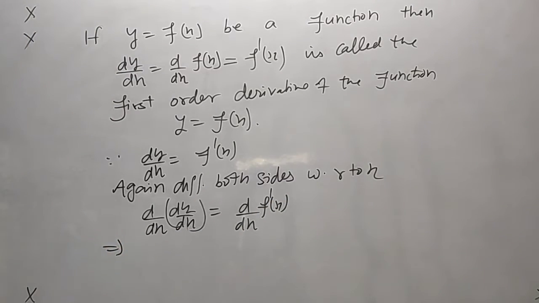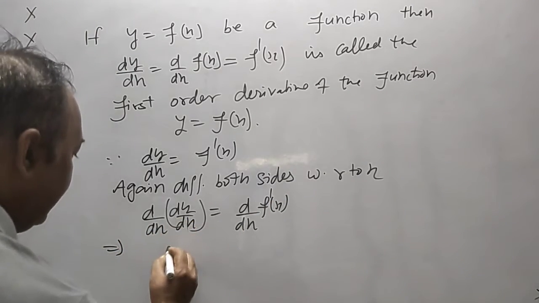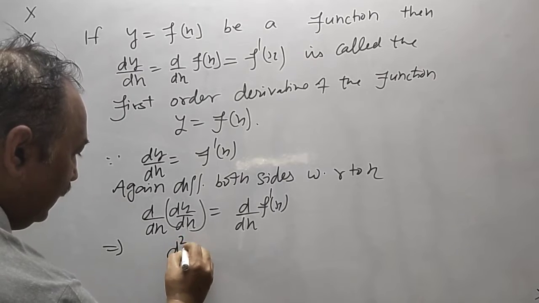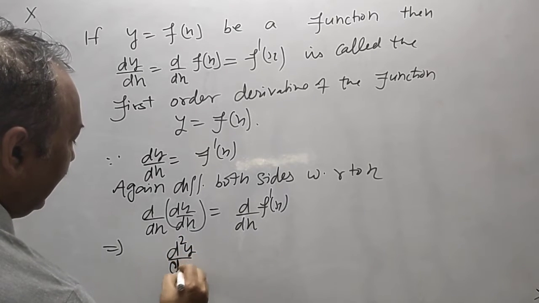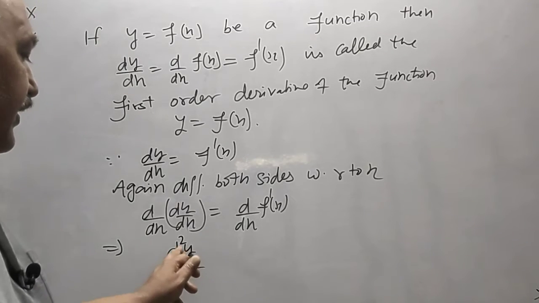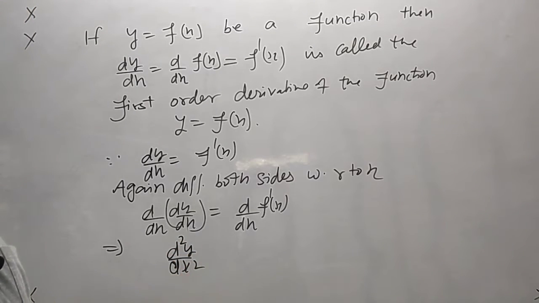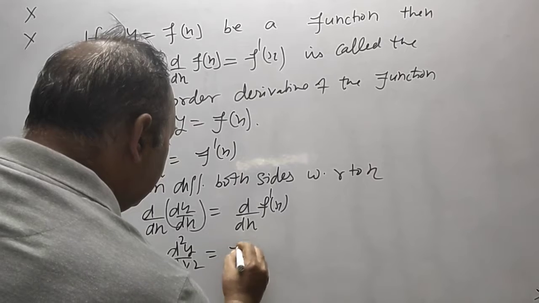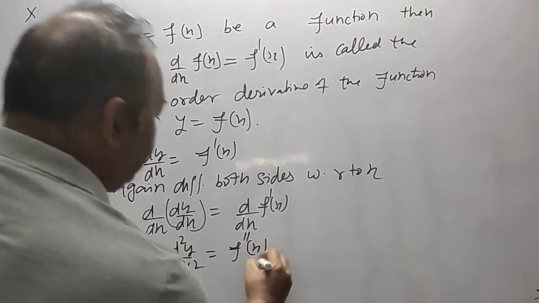This implies, it is denoted by d2y upon dx square. This is the second order derivative of y, d2y upon dx square, and that is equal to f double dash x.